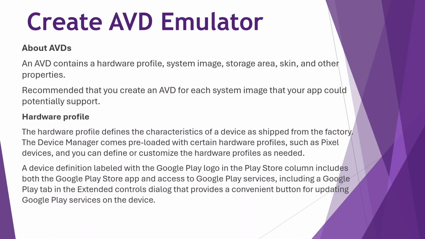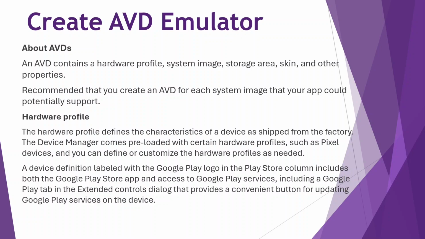So when you are selecting a hardware profile from the list that displays on the screen, if you select a profile that has a Google Play logo in the Play Store column, that means your AVD emulator includes both the Google Play Store app and access to Google Play services, including a Google Play tab in the extended controls dialog that provides a convenient button for updating Google Play services on the device.